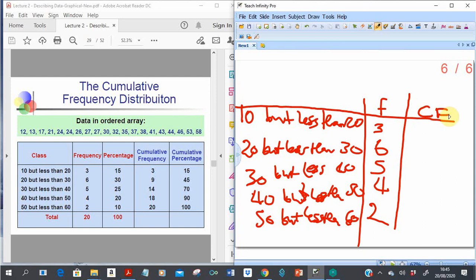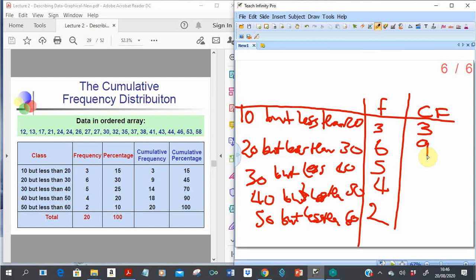For the first class, we just pick the frequency of the first class, which is 3. So this will be its cumulative frequency. For the second class, we add all the frequencies up to the second class, so 3 plus 6, that's 9. So 9 is the cumulative frequency for the second class.